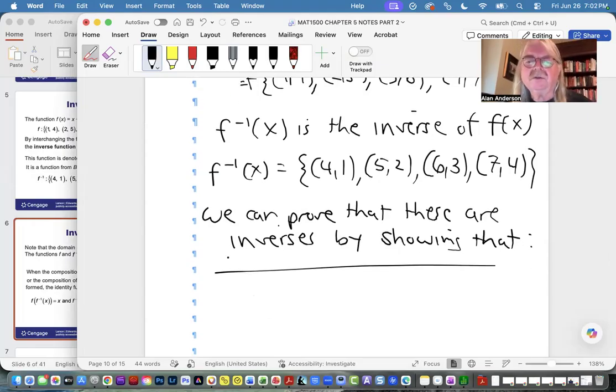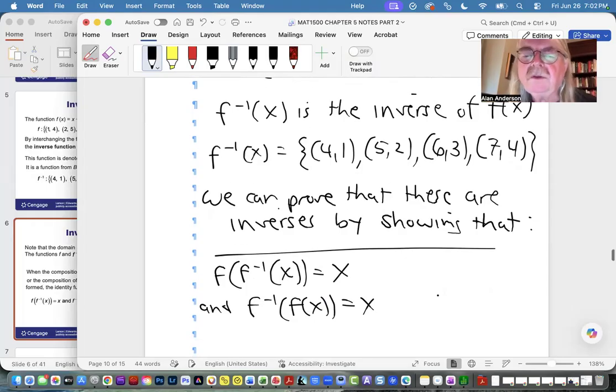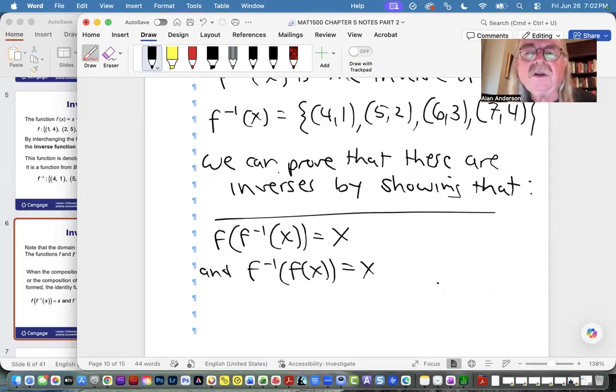Here's what has to be true. If both of those are true, that would prove that f and f inverse of x are inverses. If one of those is false, then they're not inverses. Or if both are false, they're not inverses.